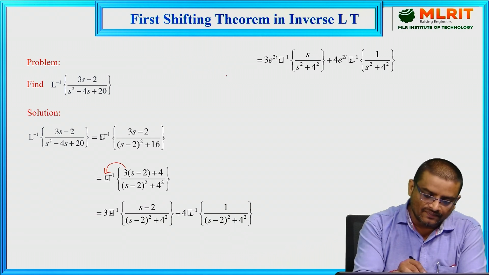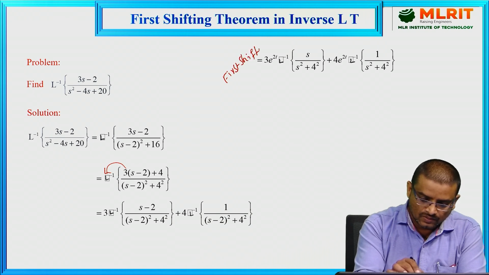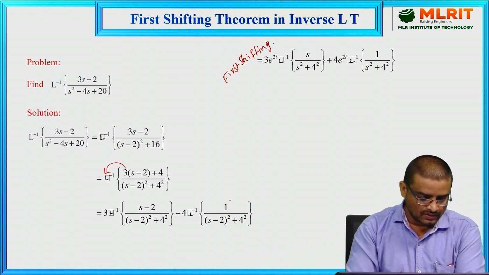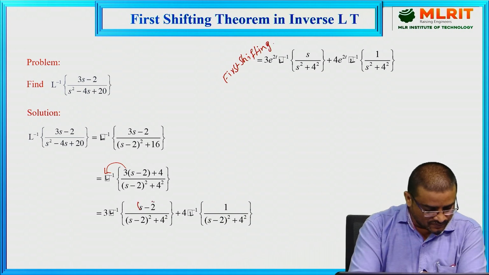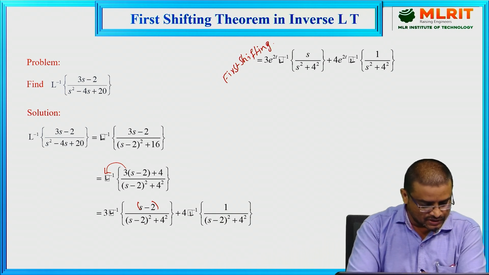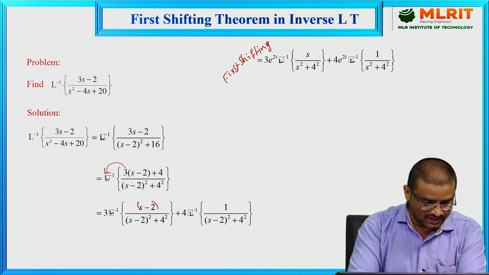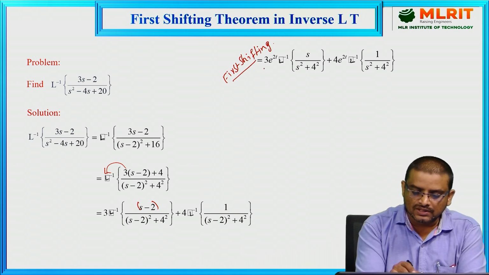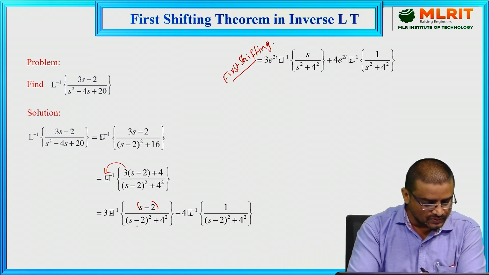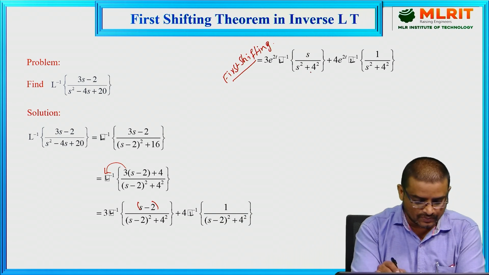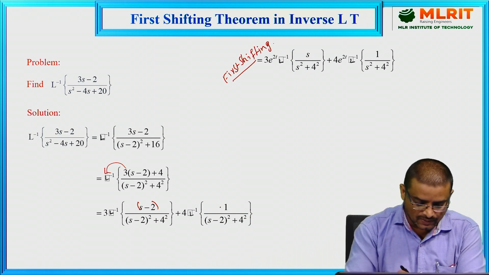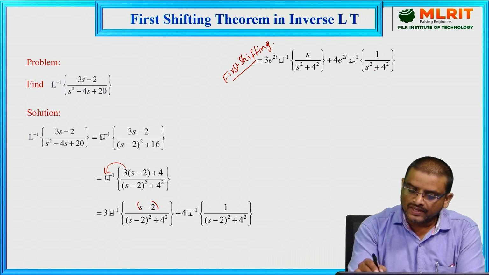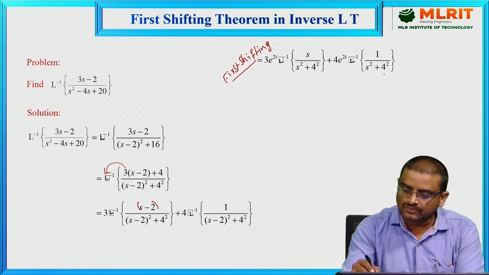Whatever function we are having in terms of s minus a, or s minus 2, we will convert this function in terms of s by using the first shifting theorem. So this can be written as 3 into e power 2t into L inverse of, replacing s minus 2 with s, s by (s square plus 4 square), plus 4 into e power 2t into 1 by (s square plus 4 square).